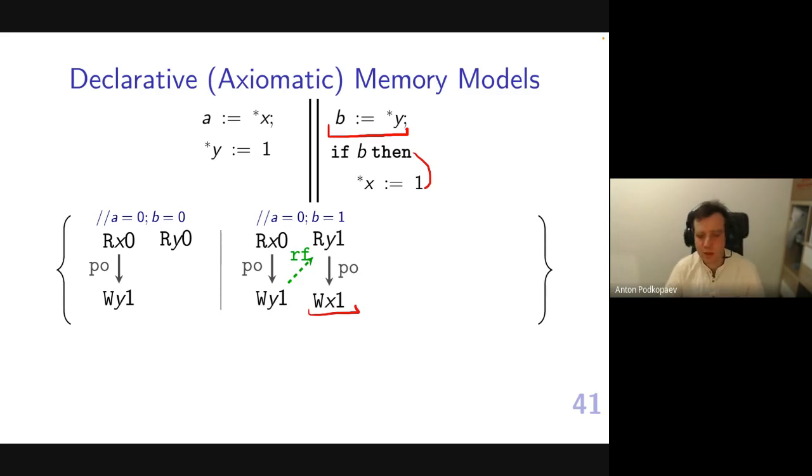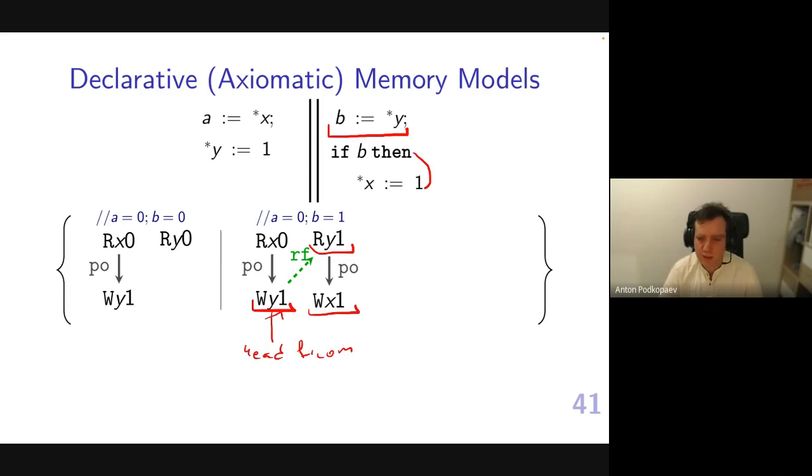Also, there is one additional type of edge in this example. Here we have the so-called read-from edge, and it relates writes with reads. So for each read in the graph, there should be a read-from edge from some write. However, as you may see, there are no edges to the reads reading the initial value.